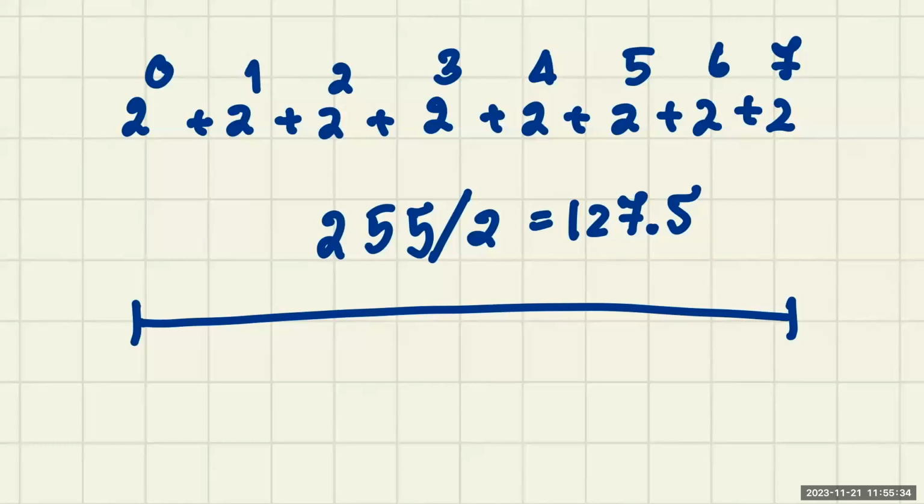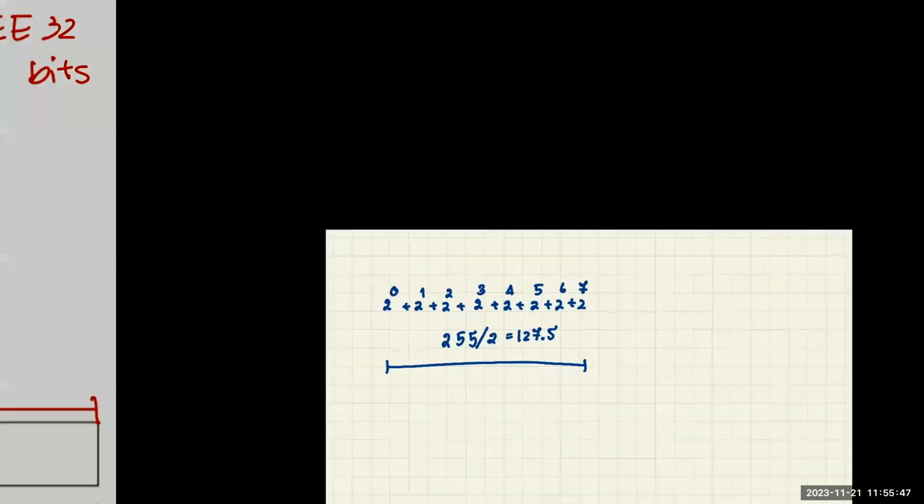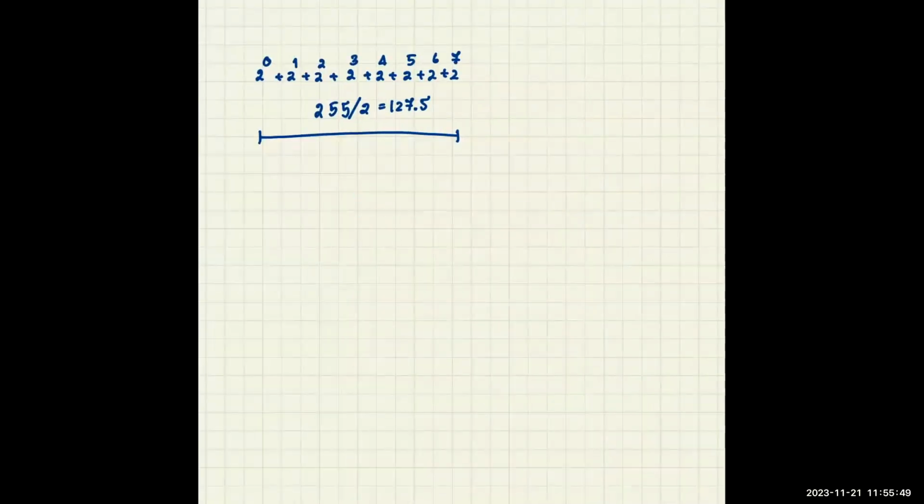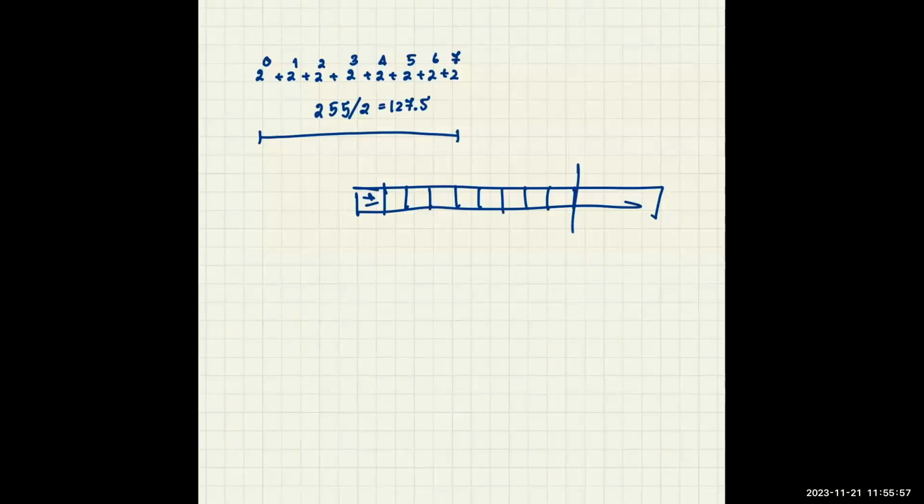I will reserve that for the infinity because it's the largest number that I can store. Okay. If I say my 8-bit, plus or minus for the first one, 1, 2, 3, 4, 5, 6, 7, 8. All this 8-bit.